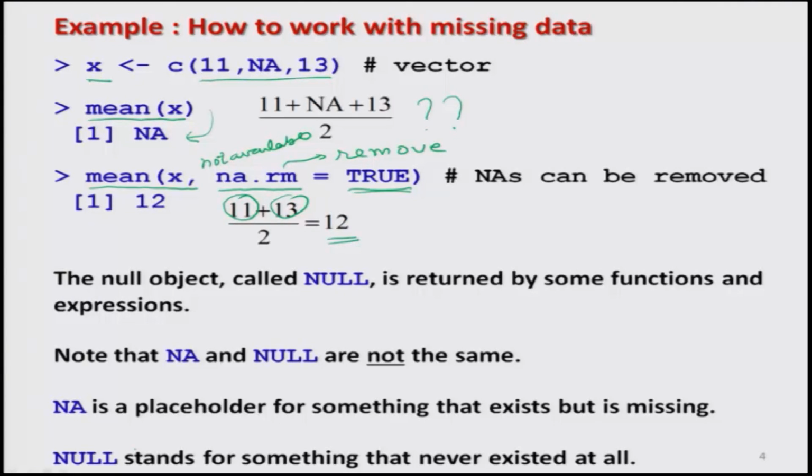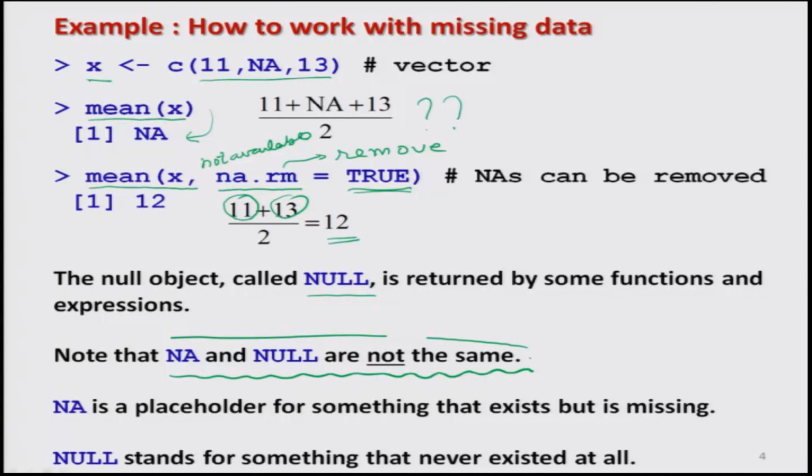Well, now you have to be a little bit careful. There are two things, one is NA and another is NULL. When you use some more functions, sometimes you will get the answer as NULL. Please note that NA and NULL are not the same.